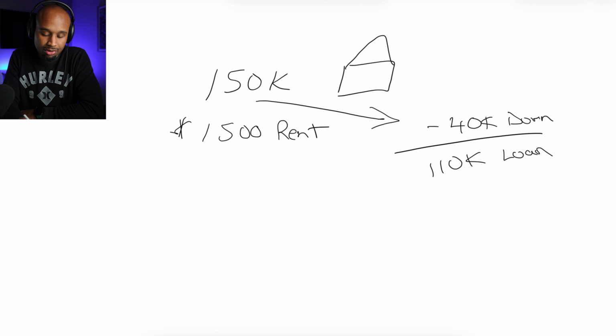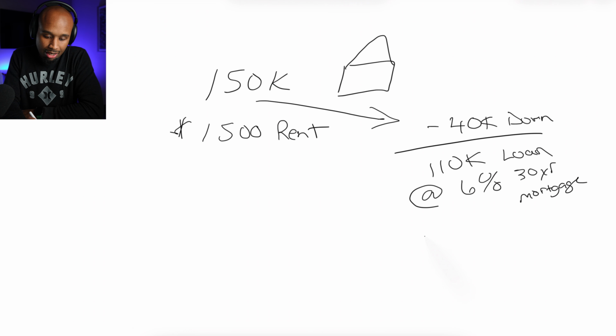Okay, so 6%. So at 6% interest for a 30-year mortgage, your payment will be $659. So let's just say $660. So 660 is your payment.